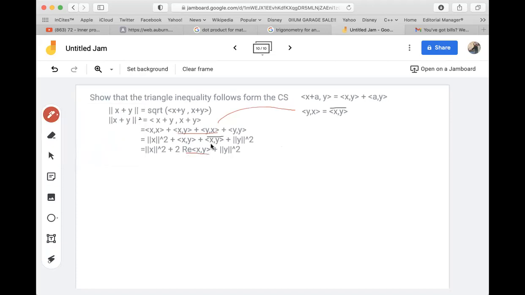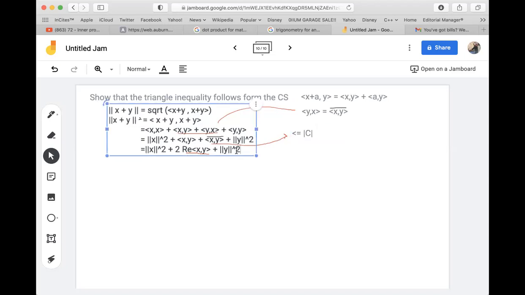Where this one will always give us less or equal to the modulus of the complex number.